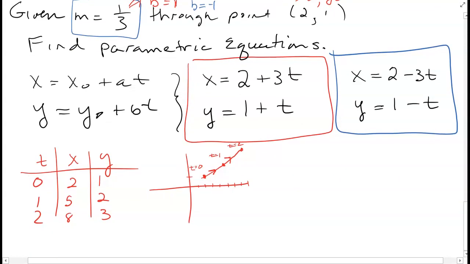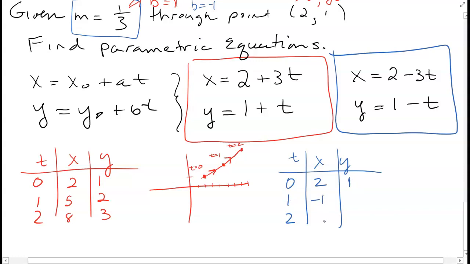All right. If that's the case, now plug in 0 for t. I get 2. And plug in 0, I still get 1. But plug in 1.